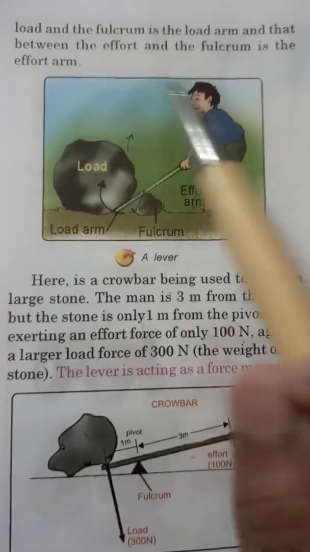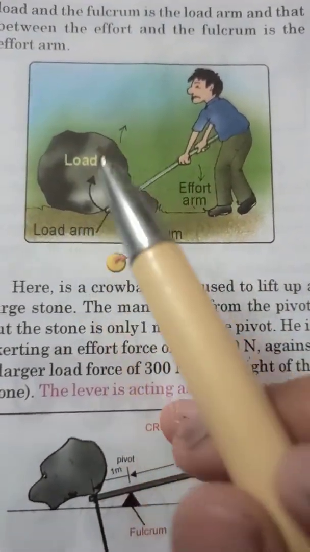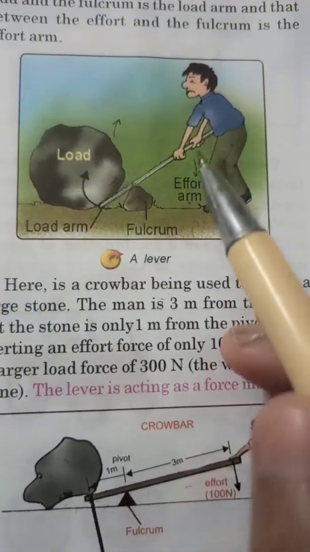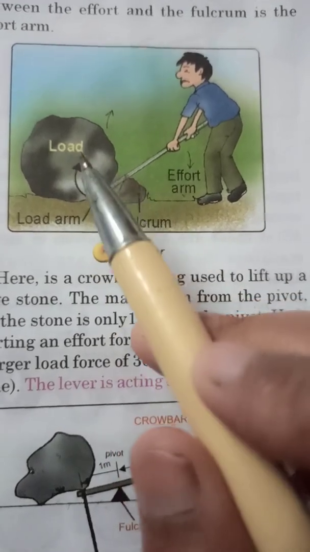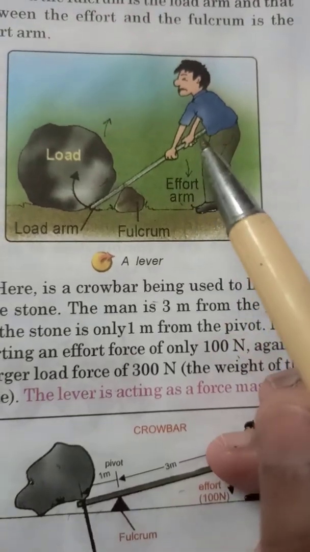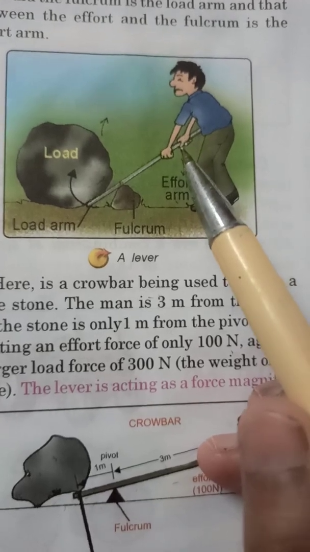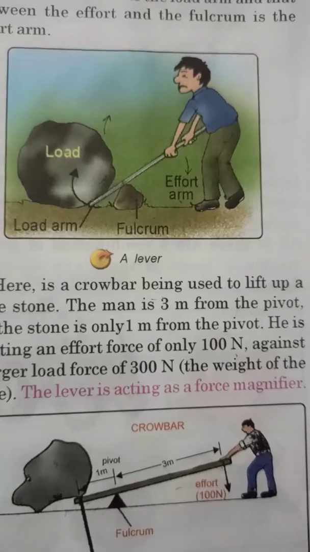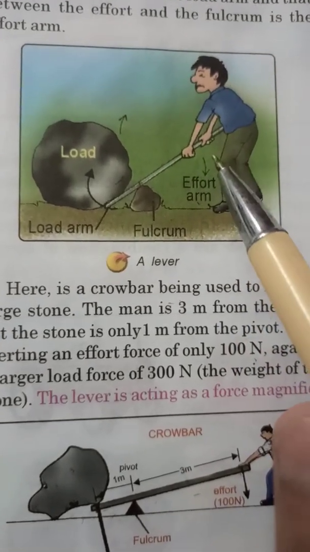Now just look at this figure. This is a very huge brick that needs to be lifted, okay. Now this man is using a rod to lift or move this brick, okay. Now see, the place from where he is holding this rod with his hands is called the effort arm, because this is the place where he is putting all his effort, right.